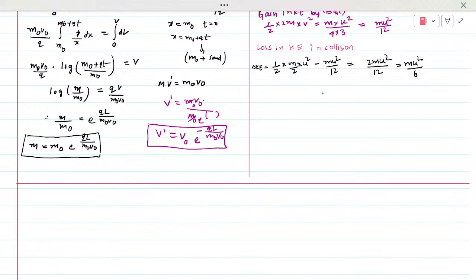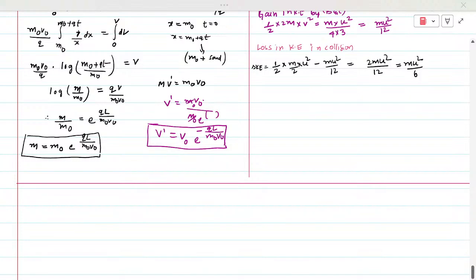Now in oblique collision between spherical balls, see, one type of question I will explain. Next model. This is one question. Next model. This clue is given in the question.